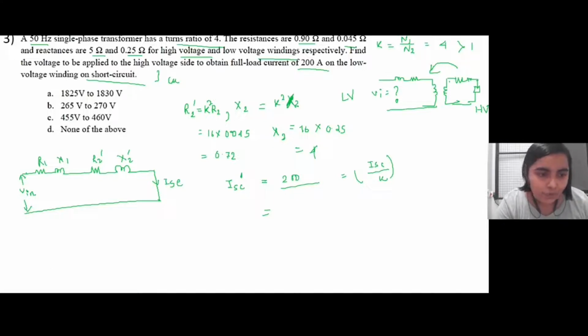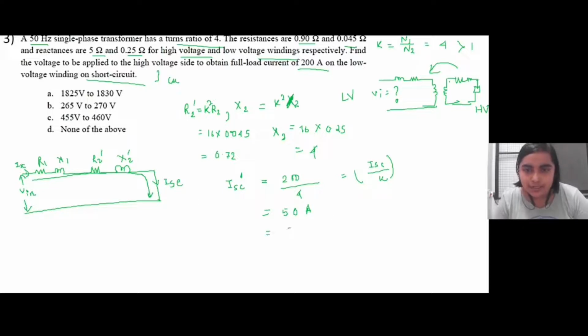So K is 4, and it is 50 ampere. So this current is the current flowing in this particular circuit. This is ISC and it is 50 ampere.